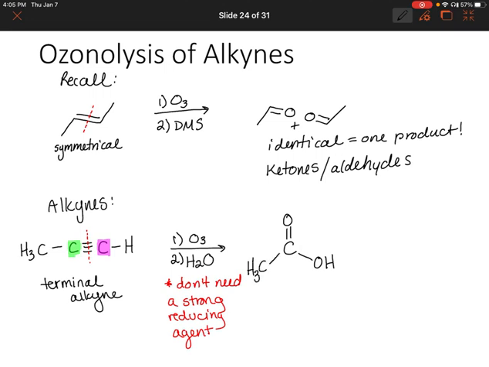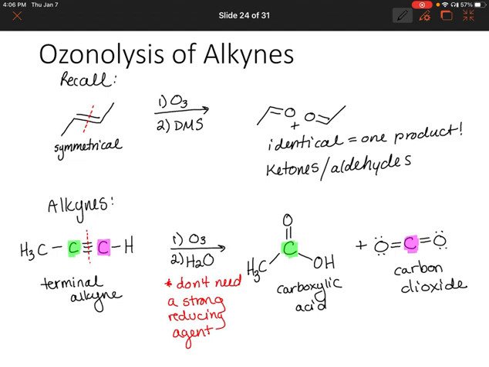And then the less substituted carbon forms carbon dioxide. Okay, so the green carbon, which was the more substituted carbon, is forming a carboxylic acid. And then the purple carbon, which was the less substituted carbon, is forming carbon dioxide. So notice that with the triple bond, instead of adding just 1 oxygen, we're actually adding 2 oxygens to each of those carbons.